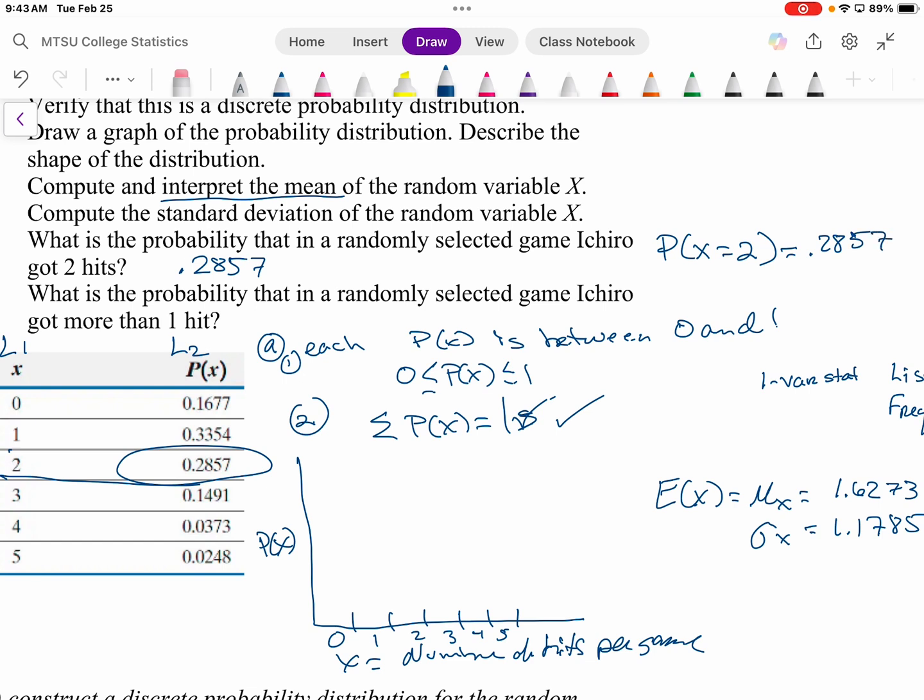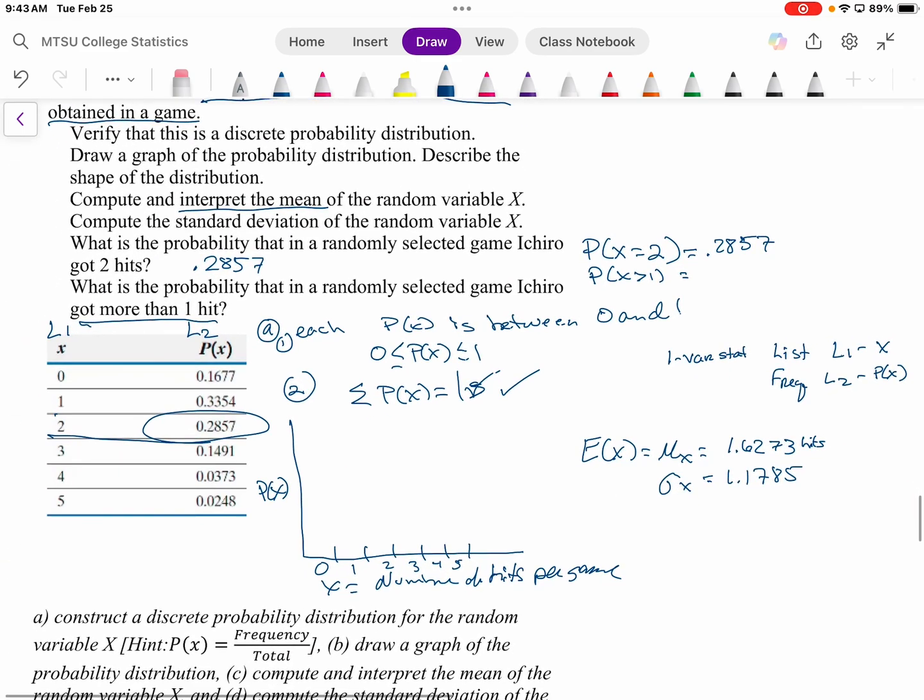What is the probability that in a randomly selected game, Ichiro got more than one hit? Probability that x is more than... Does more than include 1? No, so we would just do greater than 1. Technically, as we looked at in our last unit, we're adding up these 4 values. I could also use the complement rule: 1 minus the probability that x is less than or equal to 1, where I add up the probability of 0 hits, which was 0.1677, and the probability of 1 hit, because they said more than.